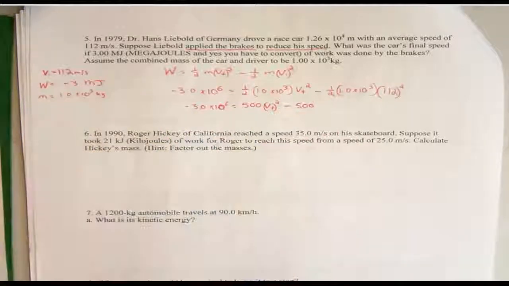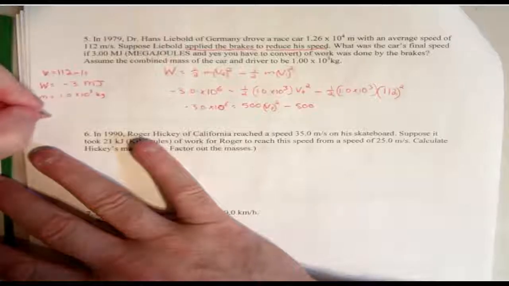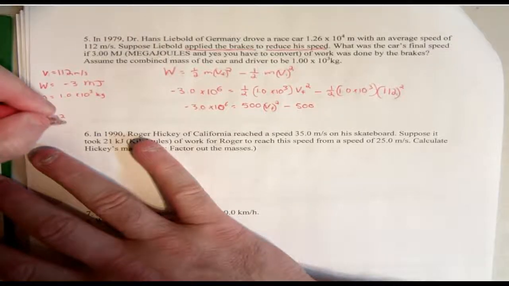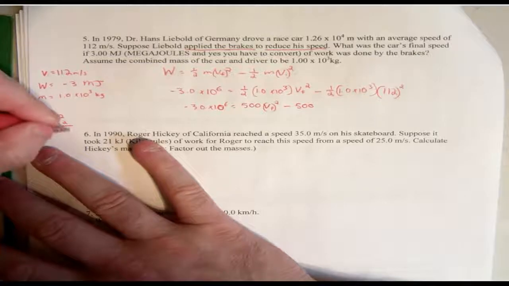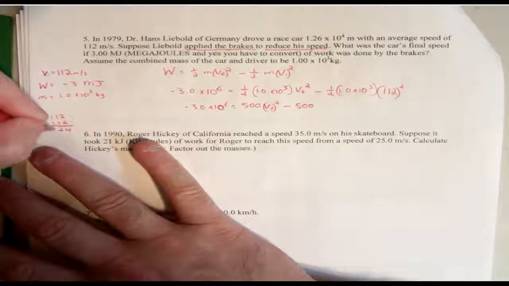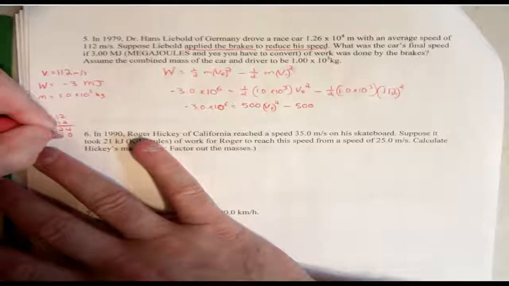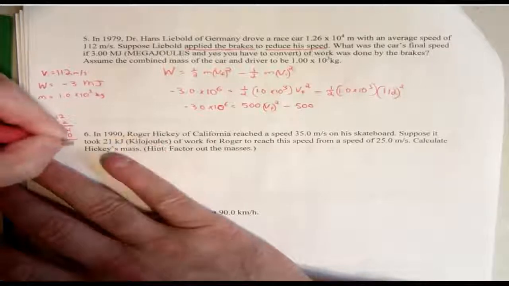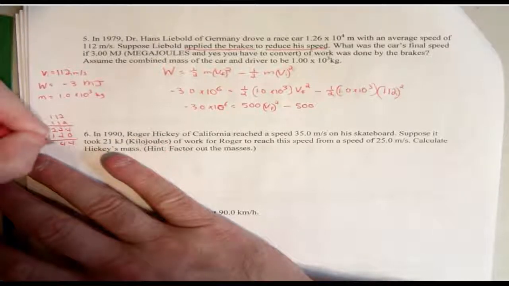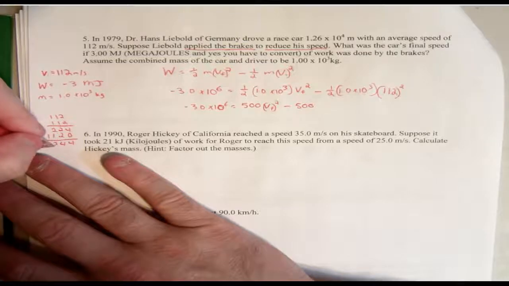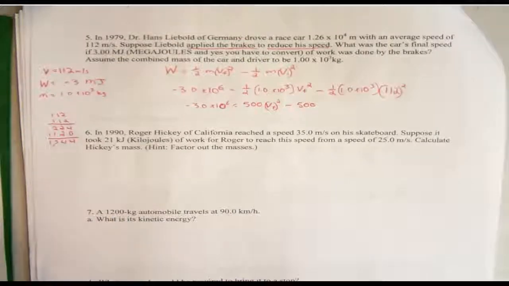112 squared, I forgot to get my phone. Oh man, I guess I have to do it by hand. Ugh. Bring a calculator when you do physics. It's not fun when you don't.